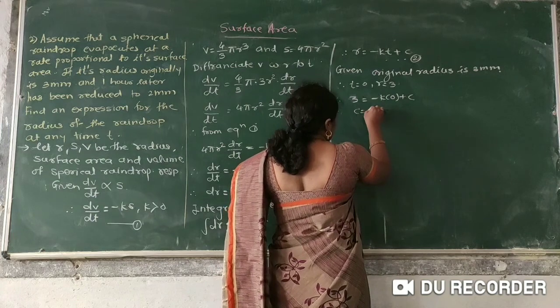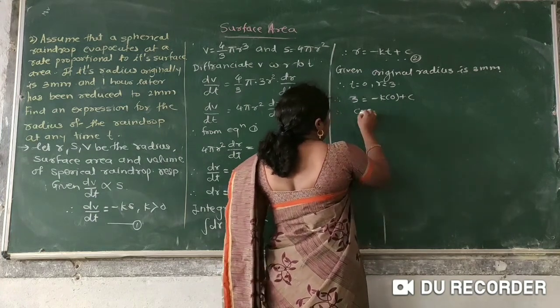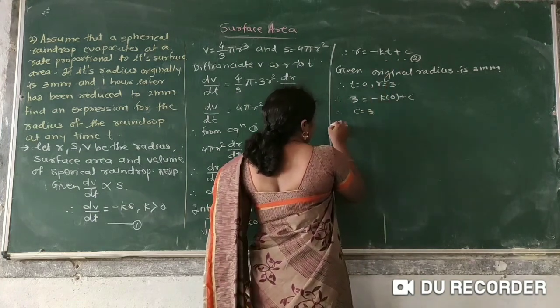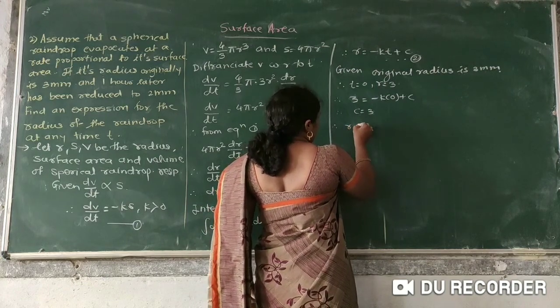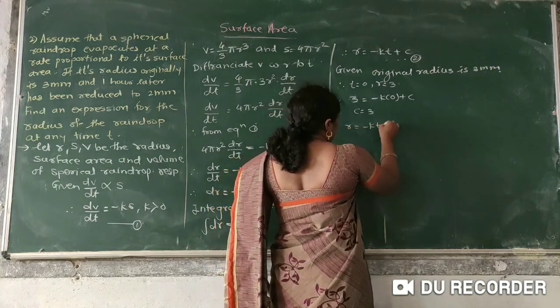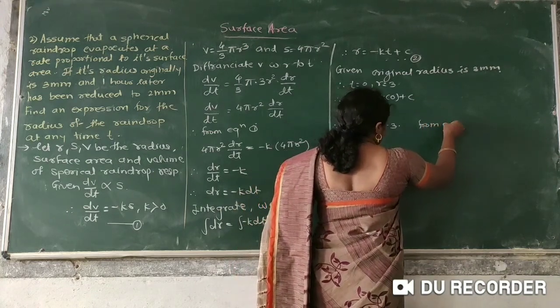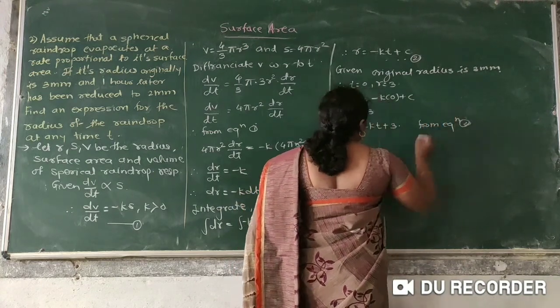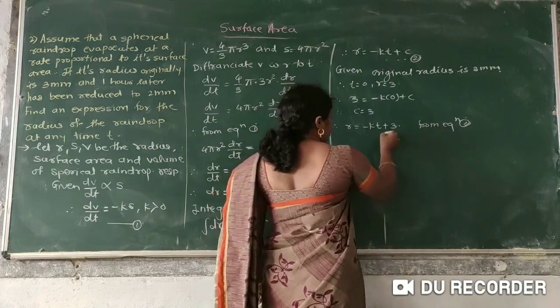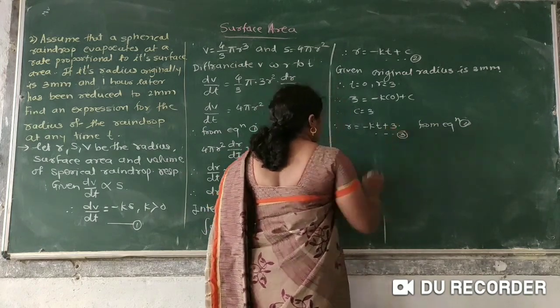Therefore c = 3. Put this value in the equation, we get r = -kt + 3 from equation 2. This is equation 3.